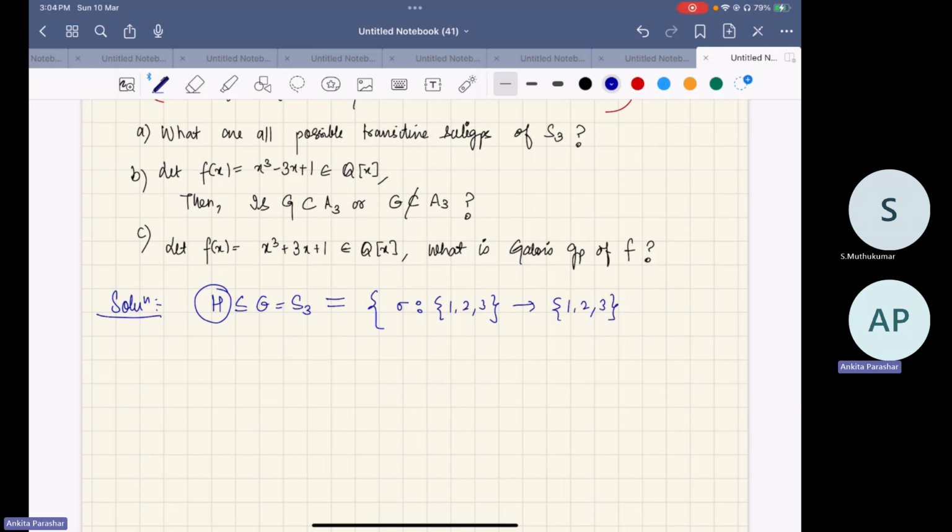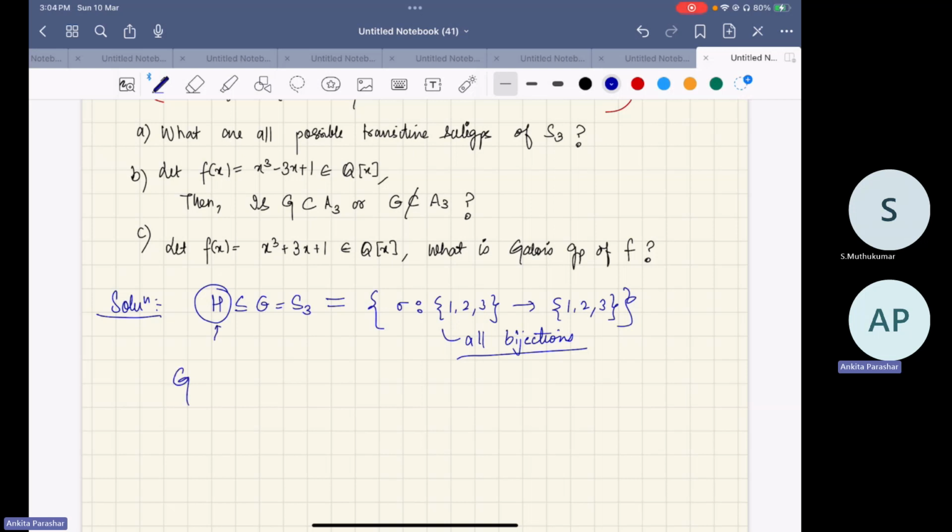Since sigma ranges over all bijections, given any i and j, some sigma always maps i to j. This is because the set of all bijections covers all the possibilities of sigmas which can map i to j. So it is all about H mapping i to j.